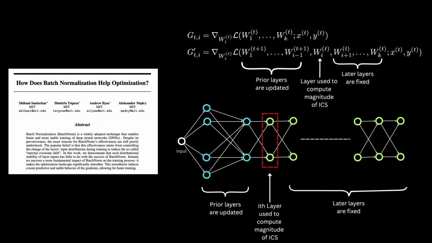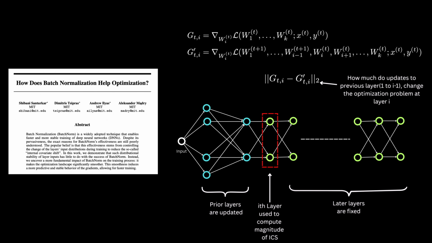The authors run experiments to identify if batch norm reduces this notion of covariate shift, which means: is the gradient difference significantly lesser in batch normalized network than in an unnormalized one? If that is indeed the case, then we can say that batch normalized network layers will have to do less work to adjust to the distributional change from updating all prior layers.